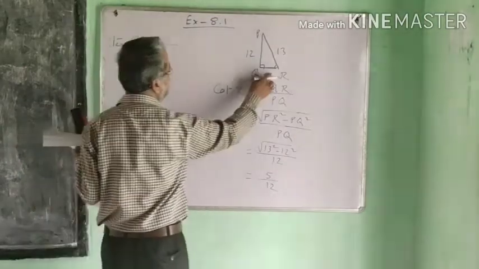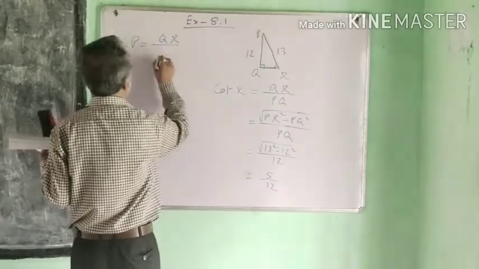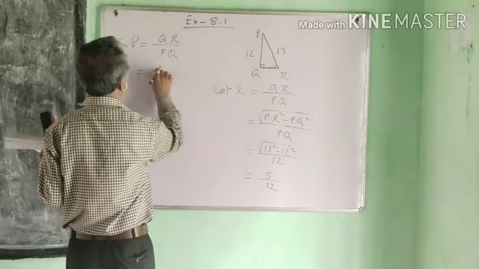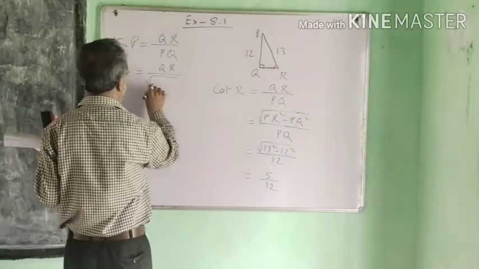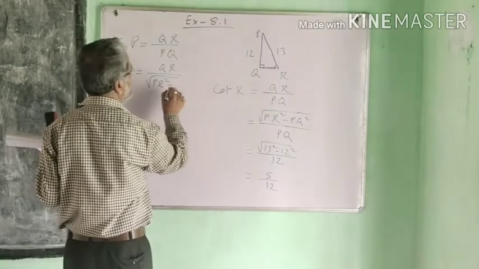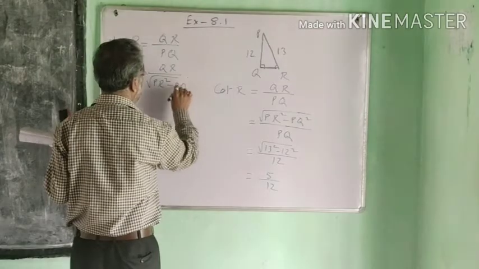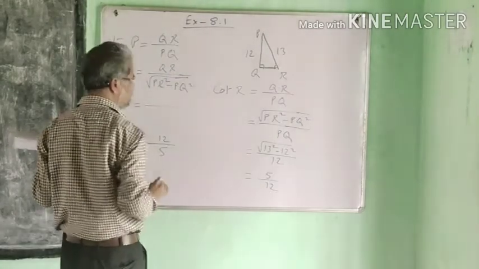Tan P is perpendicular by base, QR by PQ. Both the same, the result will be the same.